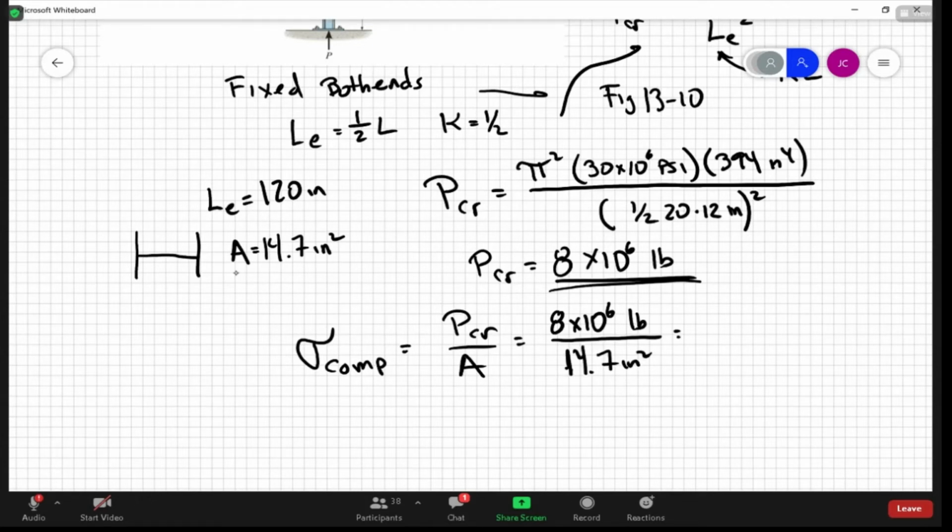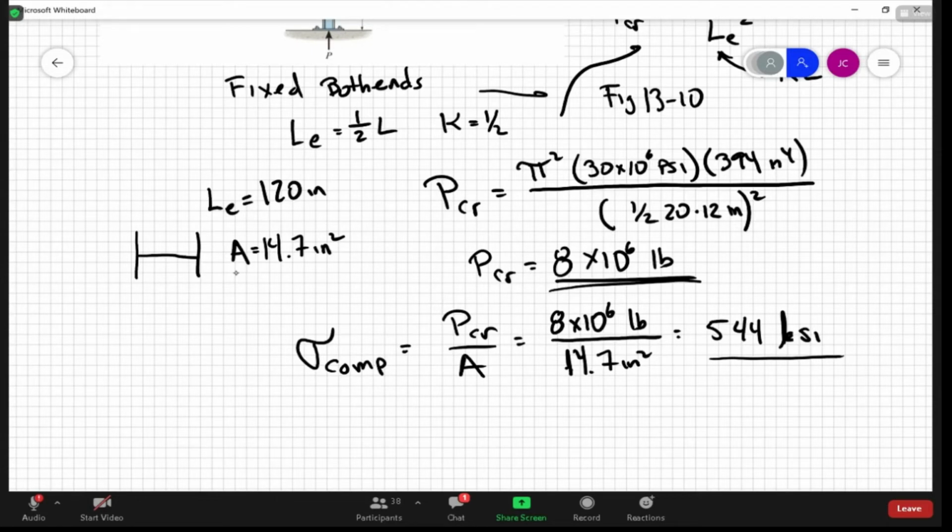That gives us a stress of 544 KSI. That's actually a pretty high stress.